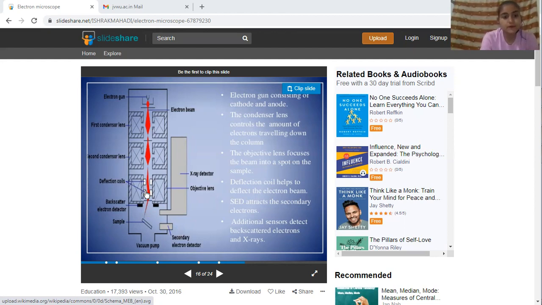And the SED, that means the secondary electron detector, which attracts the secondary electrons. And additional sensors detect backscattered electrons, using the backscattered electron detector, and X-rays, using the X-ray detector.